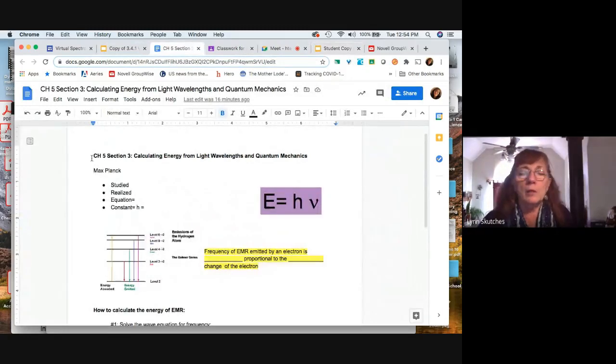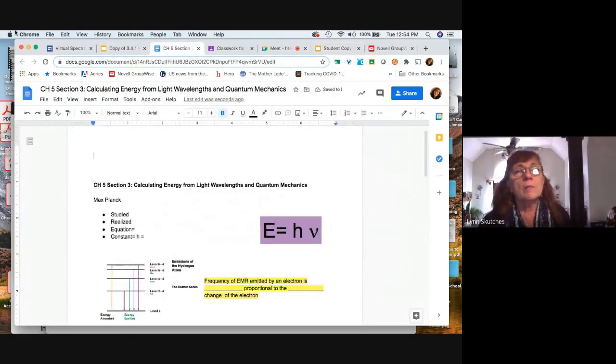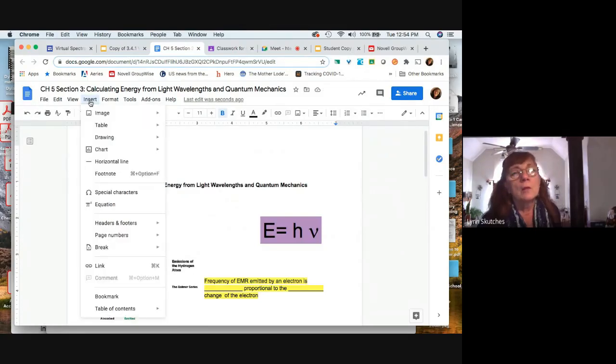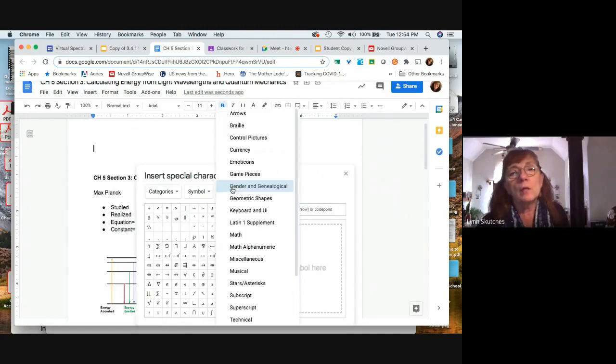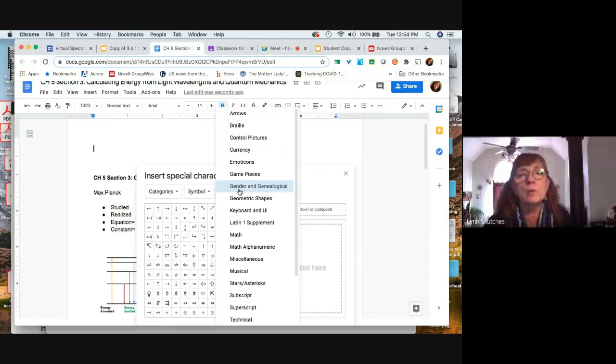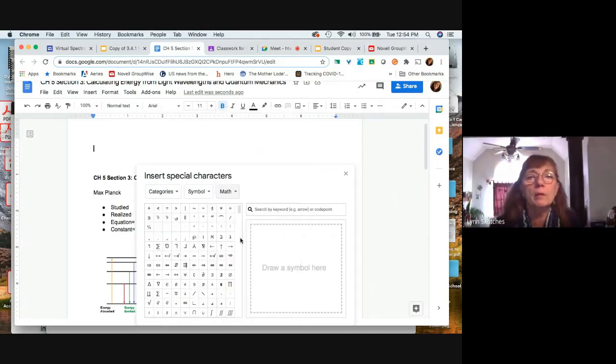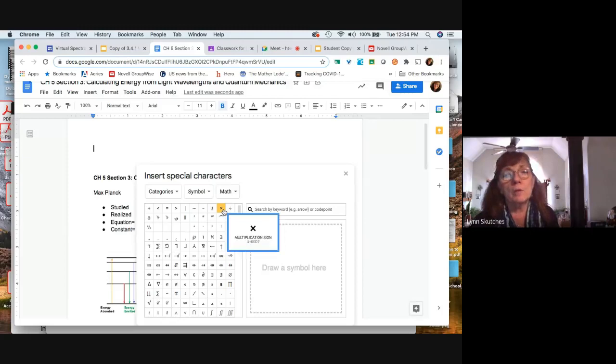I'm going to cursor down again and cursor up, and the blue little doc symbol, file, edit, view, insert. If you scroll down to where it says special characters, you can switch from, I think it starts off with arrows. So you can go to math, and then it puts in pluses and less thans and divisions and plus minuses and multiplication.